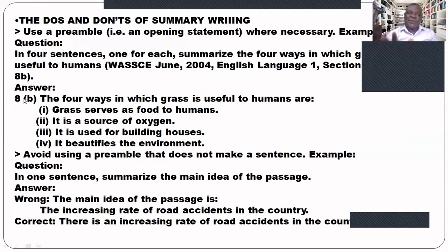Then the next thing you ought to know is that you need to write the number and alphabet exactly the way the examiner has stated them. This is question 8B, all right? So you cannot come and write number 2 here. That's the mistake most candidates make.